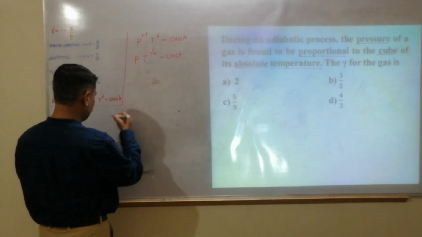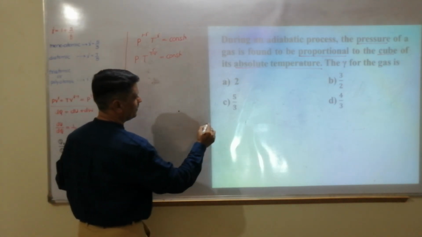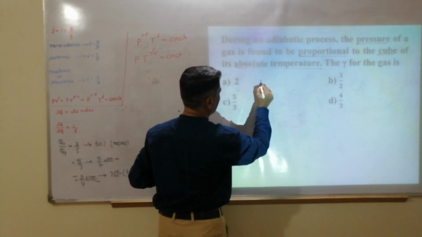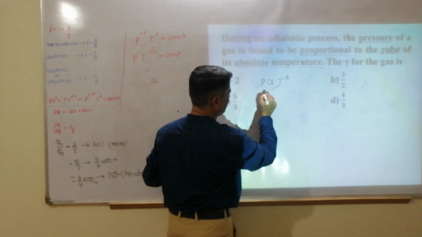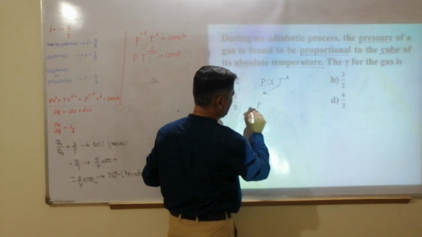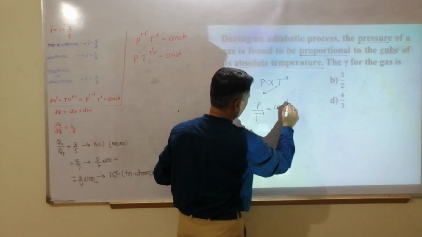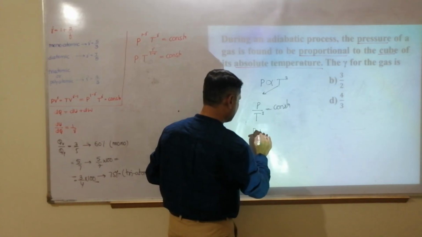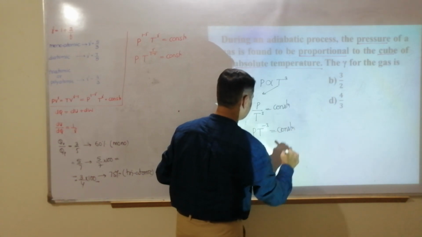See, given is P proportional to cube of the temperature. If I take it this side, P by T cube is equal to constant, or P to the power minus 3 is equal to constant.